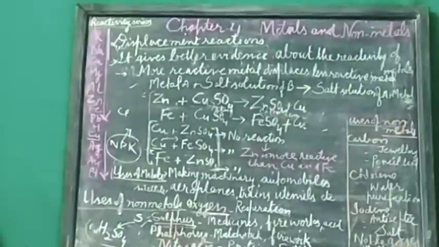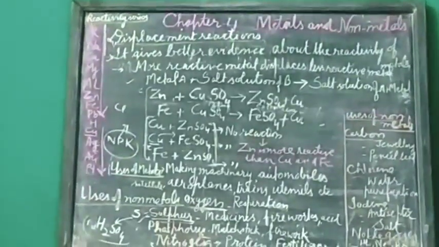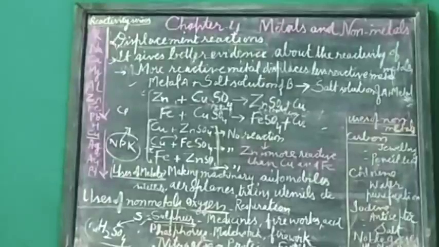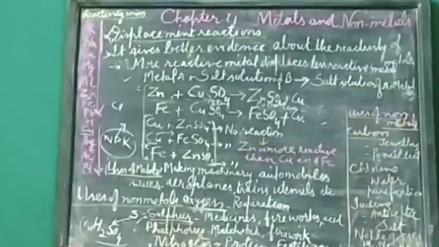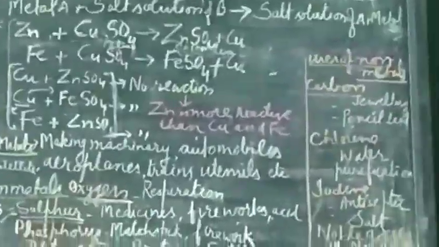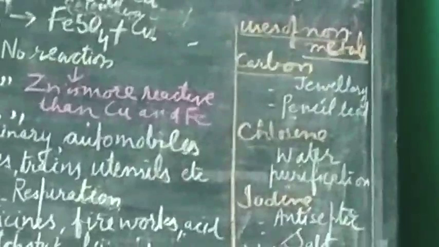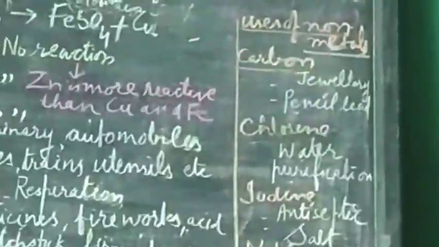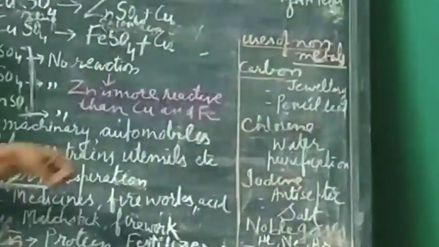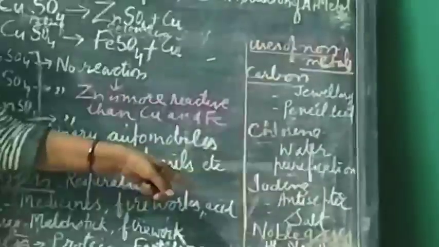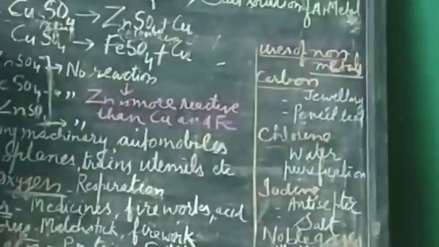It is also used in the preparation of bleaching powder. It is used in the preparation of gammexane, a pesticide. And it is also used to disinfect water in municipal water treatment plants. So at least the main important point you have to learn, that is written in your book: chlorine is used in water purification.